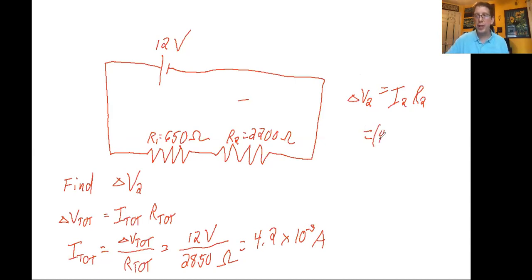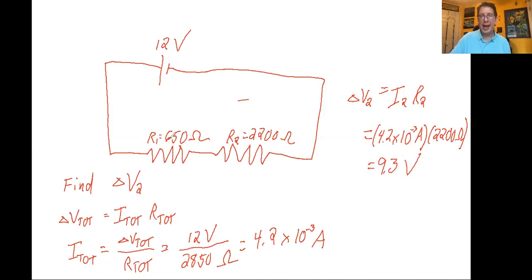So that's 4.2 times 10 to the negative 3 amperes, and you're multiplying it by the second resistance, which is 2200 ohms. So you may still have the answer from the last problem, so you just multiply that answer by 2200, and that gives 9.3 volts.